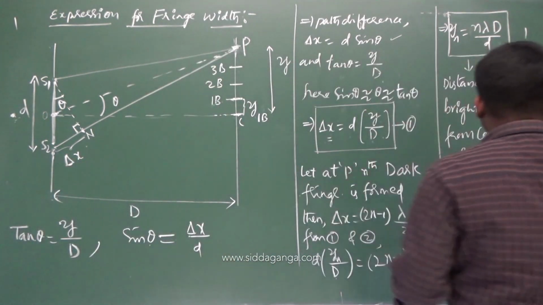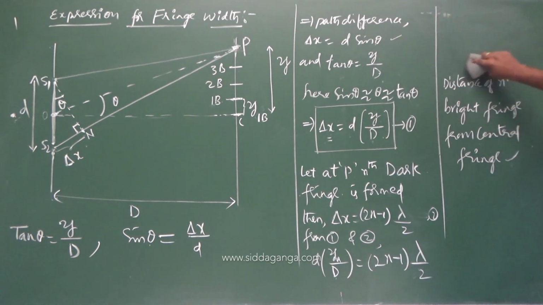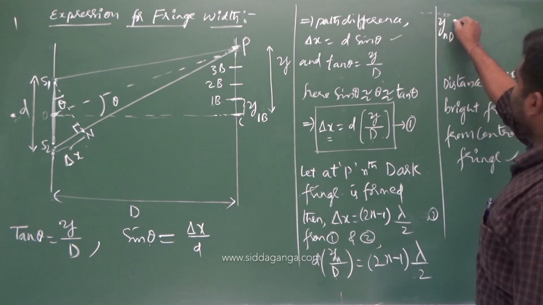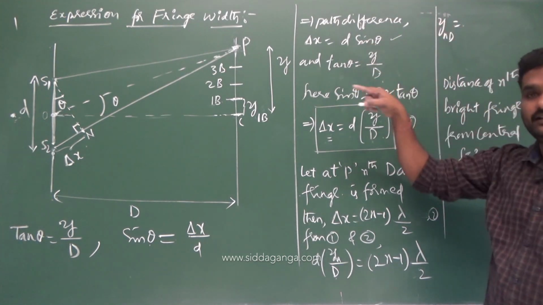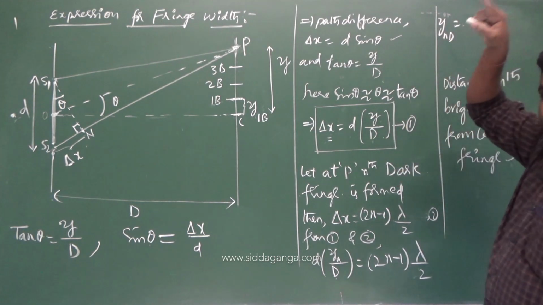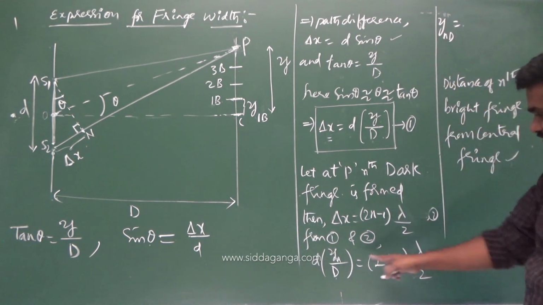Okay. So finally, if you rewrite the relation, what will you get? The distance of the nth dark, I will write as ynd. Distance of nth dark fringe. Earlier you made it yn with cap letter B, that is the distance of nth bright. Here it is the distance of nth dark. How much will you get if you solve this equation now?